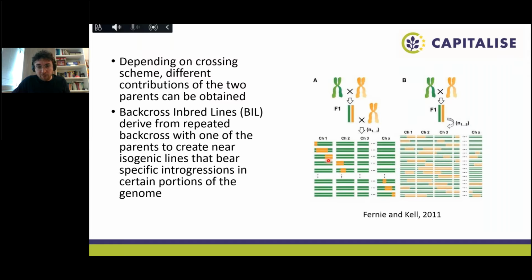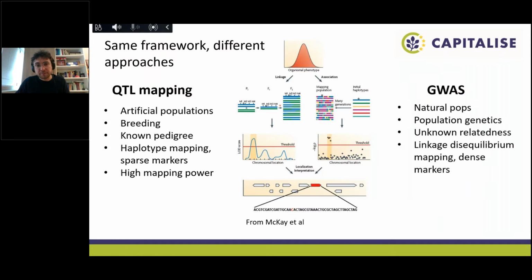So this collection, like the one we are using in tomato, is used, for example, to produce inbred lines which are built by intercross of a reference line with a wild relative. And this is a very powerful tool to study the impact of wild alleles on the determination of traits of interest.